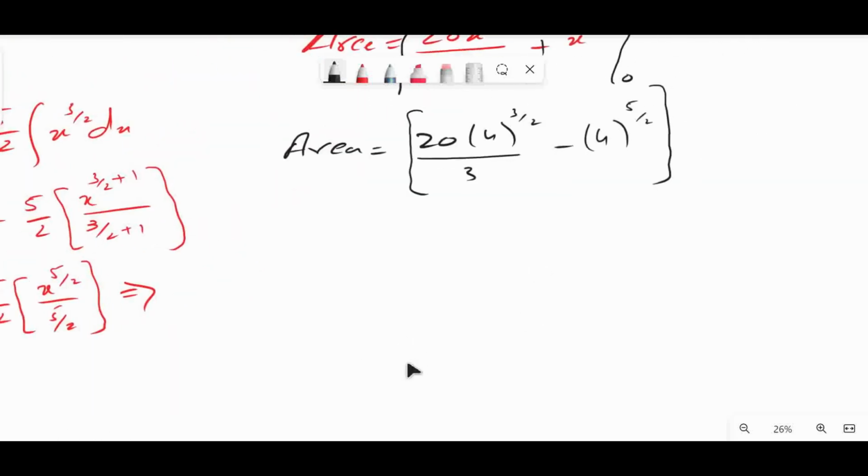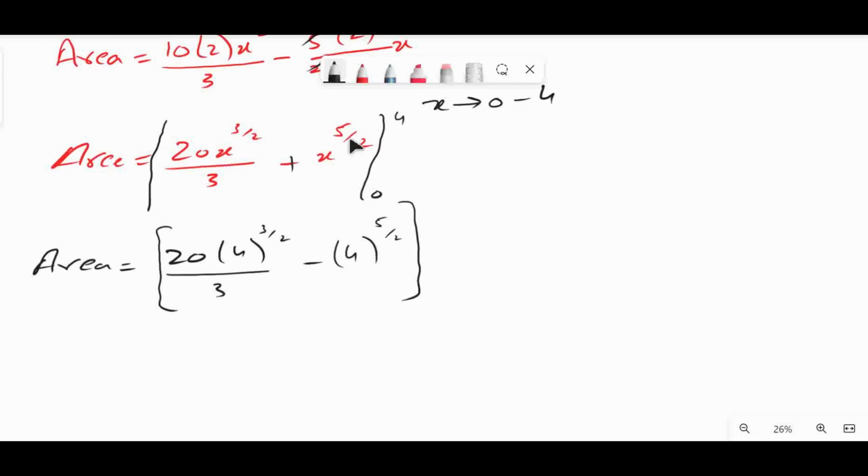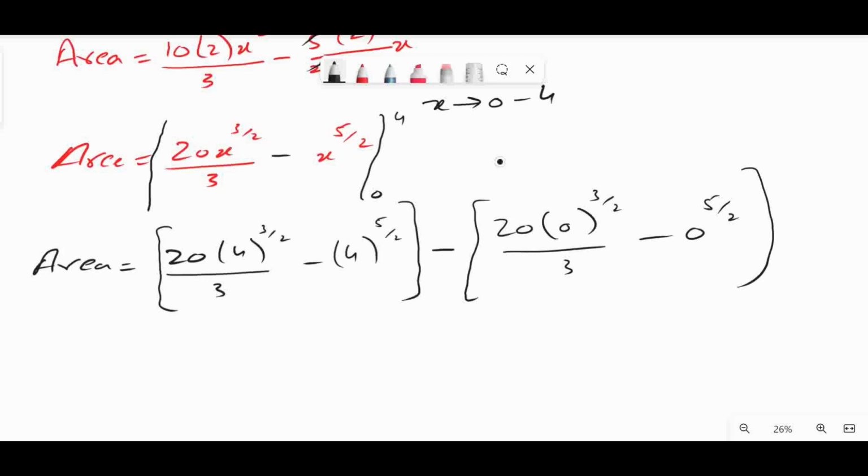Originally, yes, it was minus. Upper limit minus lower limit. Now the lower limit is 0^(3/2) divided by 3 minus 0^(5/2). So this whole must be equal to 0. We don't need to find it further.